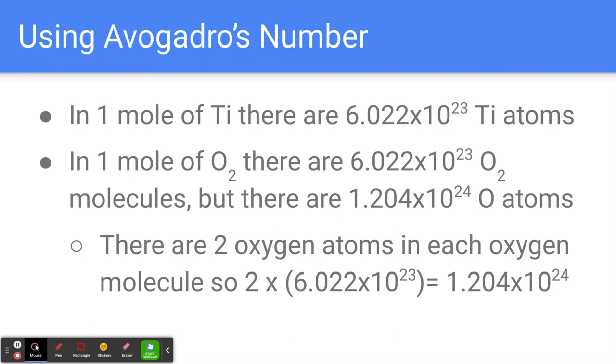If we had 1 mole of oxygen, there's 6.022 times 10 to the 23rd molecules of oxygen, but there's really 1.204 times 10 to the 24 oxygen atoms. And that's because there's 2 oxygen atoms in each oxygen molecule. So we're going to take 2 times Avogadro's number, which is 6.022 times 10 to the 23rd, and we're going to get that number of 1.204 times 10 to the 24th.